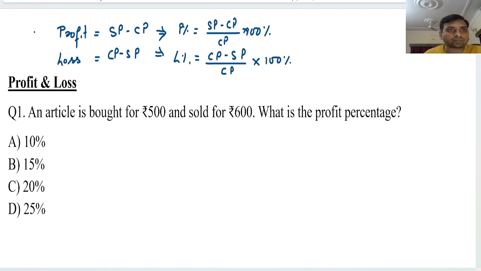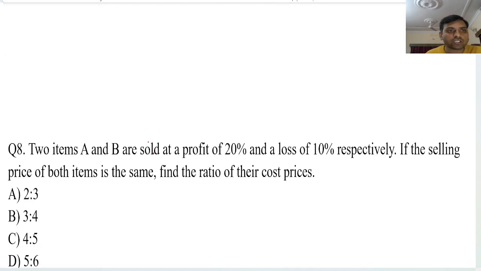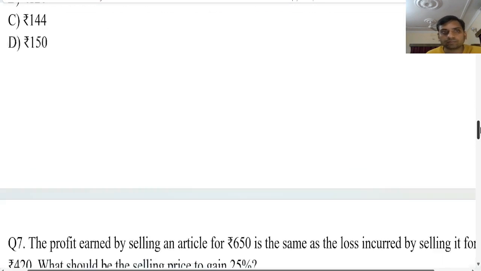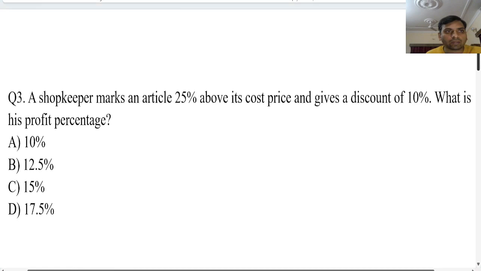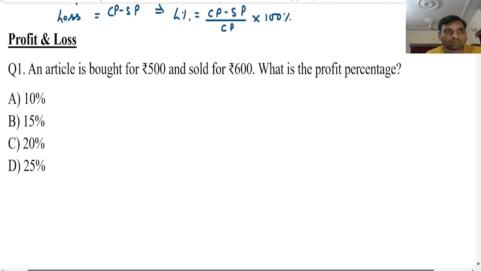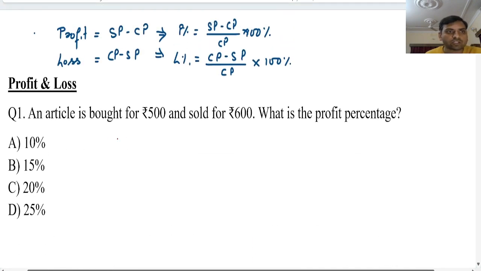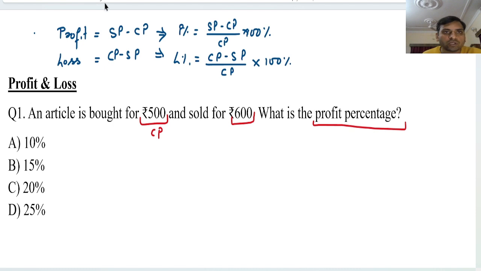First question. An article is bought for 500 and sold for 600. What is the profit percent? So this is the CP and this is the SP, and you need to find profit percent. In this case you need to apply this formula.